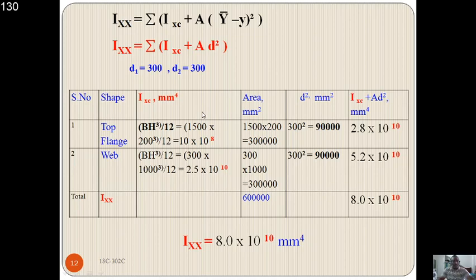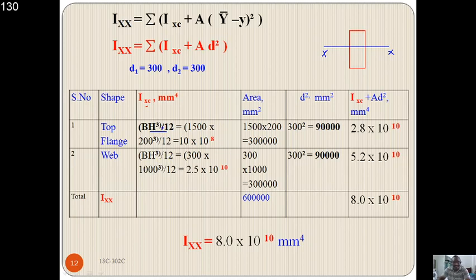For this particular Ixc, we need to understand that the axis will go through this point, hence h will get the cube. Therefore bh cube by 12 has been taken as the Ixx values, right?